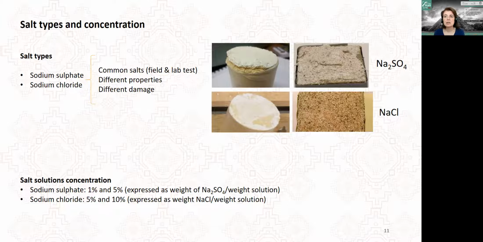And also, we wanted to avoid too high a concentration of the solution, because if we used a very concentrated, saturated solution, for example, then the transport to the surface and the accumulation of the salt in a thin layer of the material would be more difficult, because the salt would crystallize early in the drying process. Then we defined the size of the specimen and the amount of salt.